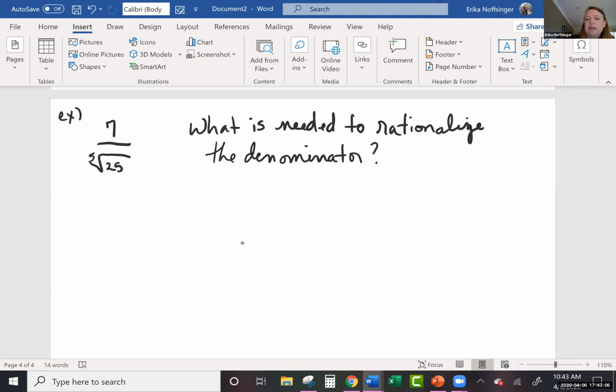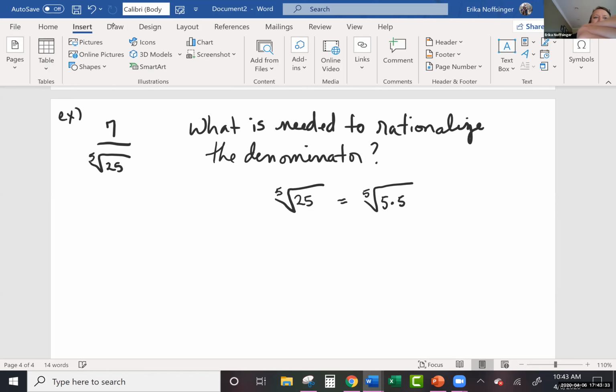And so let's look at the 5th root of 25. Let's break that down, because when we're trying to rationalize a denominator or numerator, we're trying to get rid of that radical. And so we need the number that is in our index, that number of things, or a multiple of that number of things underneath the radical for it to go away. And so if we rewrite 25, that's the same thing as 5 times 5.